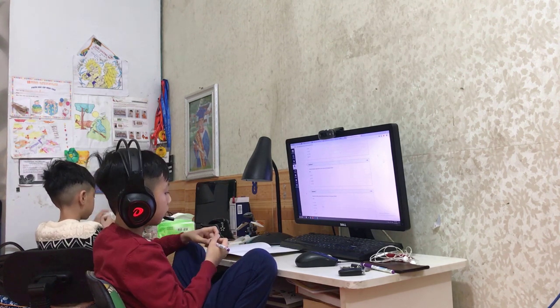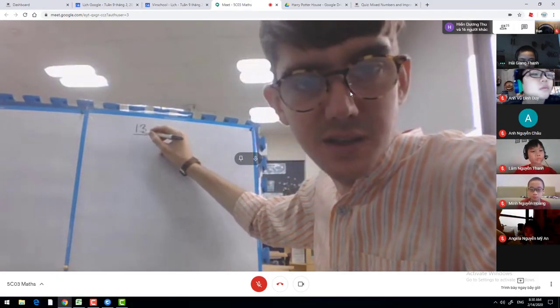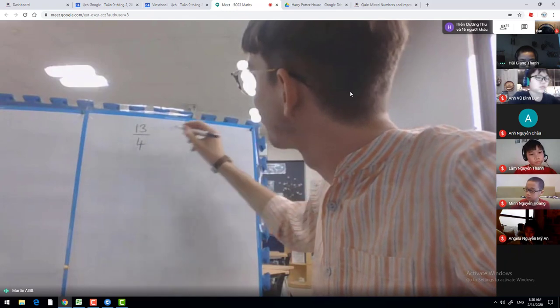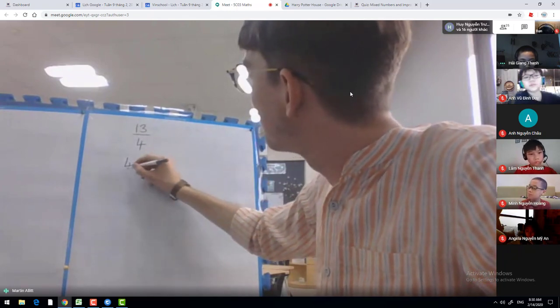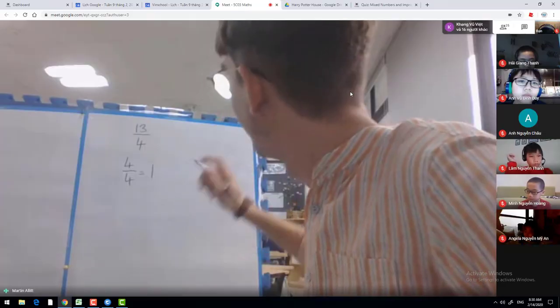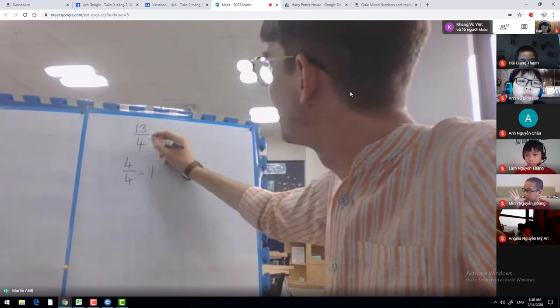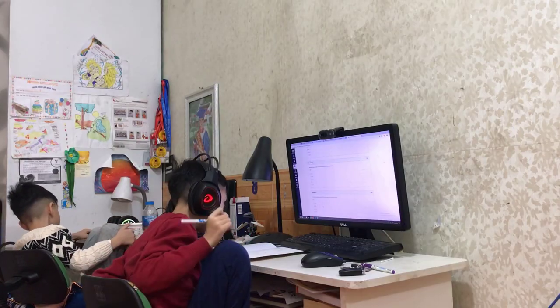A mixed number with the same value as the improper fraction. So here we've got 13 quarters. Okay, so we know that 4 quarters is equal to 1. So what I can do is break this up into how many 4 quarters I can make.